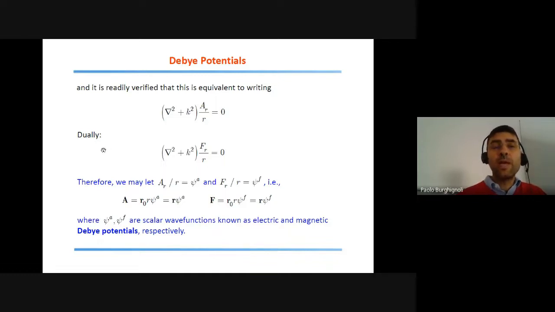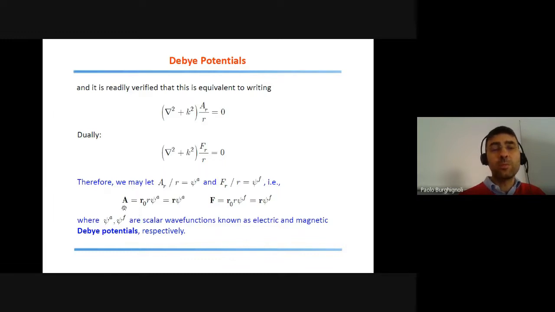We may conclude that A sub r and F sub r are not spherical wave functions. However, their ratio with respect to r is a spherical wave function, and those ratios we will indicate with the symbols psi.